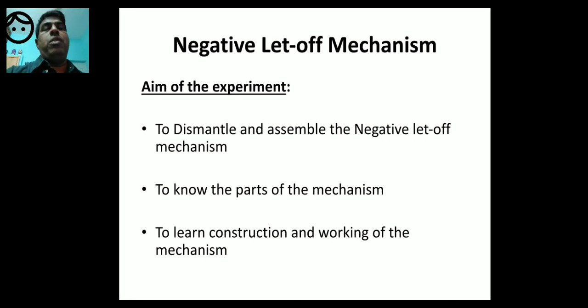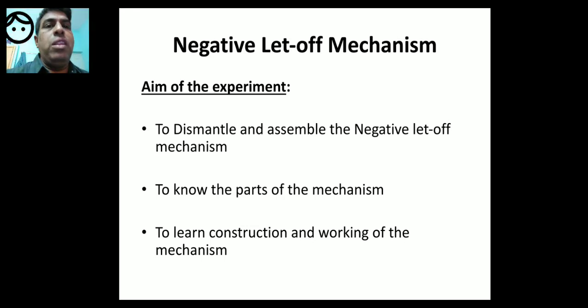What is let off? The warp from the weaver's beam is delivered at a constant rate to the shedding area. That is one definition. The warp is released from the weaver's beam to the shedding area at a constant rate and at a constant tension. That is another definition.